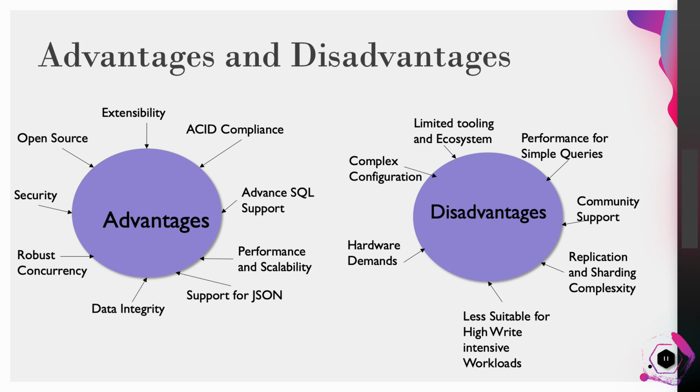Additionally, features like replication and sharding are more complex to implement, which would limit its ease of use in distributed environments. While highly capable, PostgreSQL may demand more hardware resources and is not always ideal for high write-intensive workloads without proper tuning.